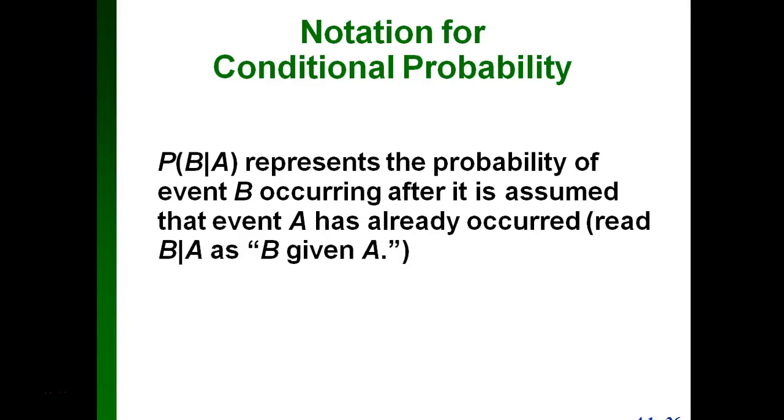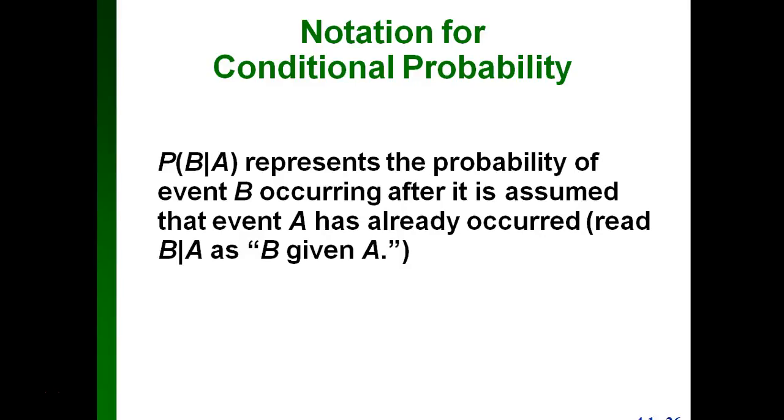What we talk about more often than and, like having 2 things pop up at the same time, is an if-then. We'll use that bar in the middle. That means such that. And so when you see P parenthesis B/A, that's the probability of event B happening such that A has already happened. So you want to look at this string of events, but you're going to assume that you get what you want on the first one.